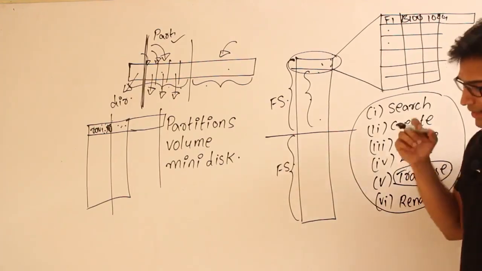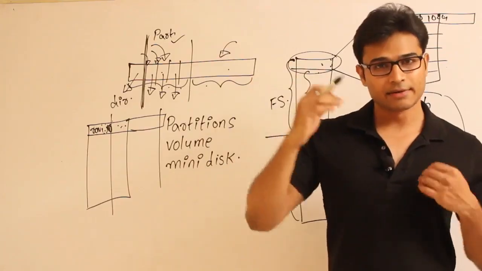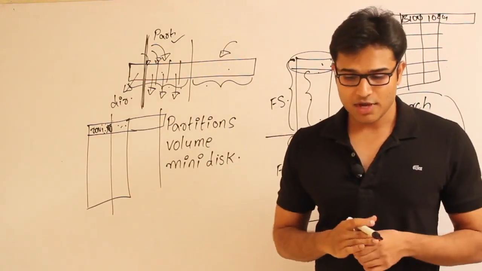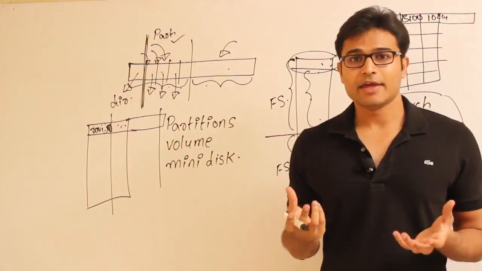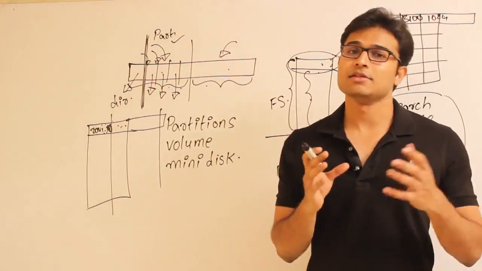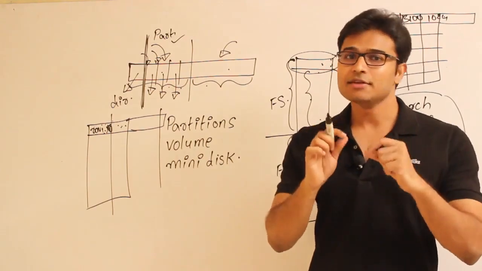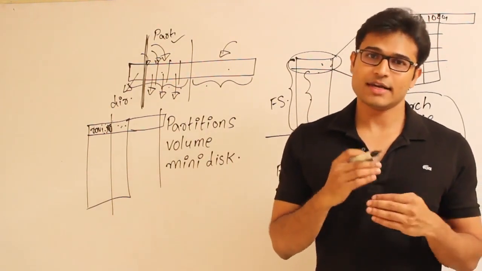And now the directory itself can sometimes become too big. In case you have millions or billions of files in a file system, then it might be very difficult for you to save all the names of the files and information about them in one single file, right? In that case, the best thing is to go for levels.